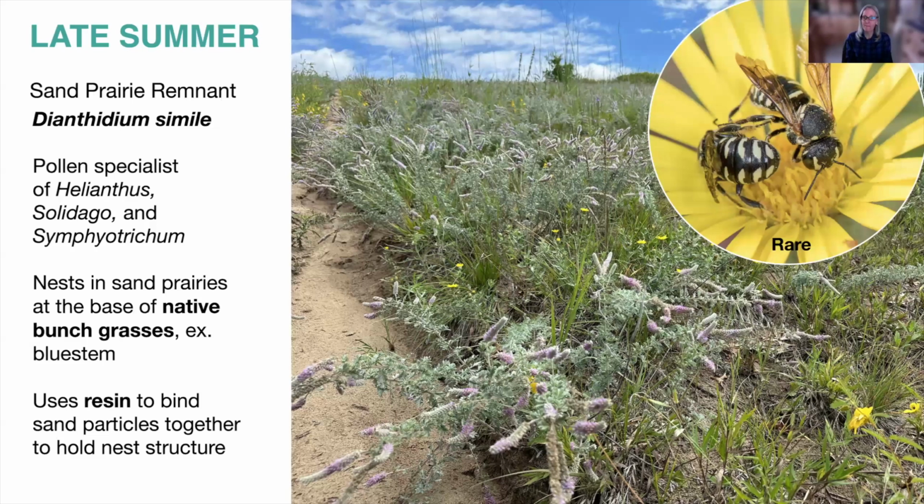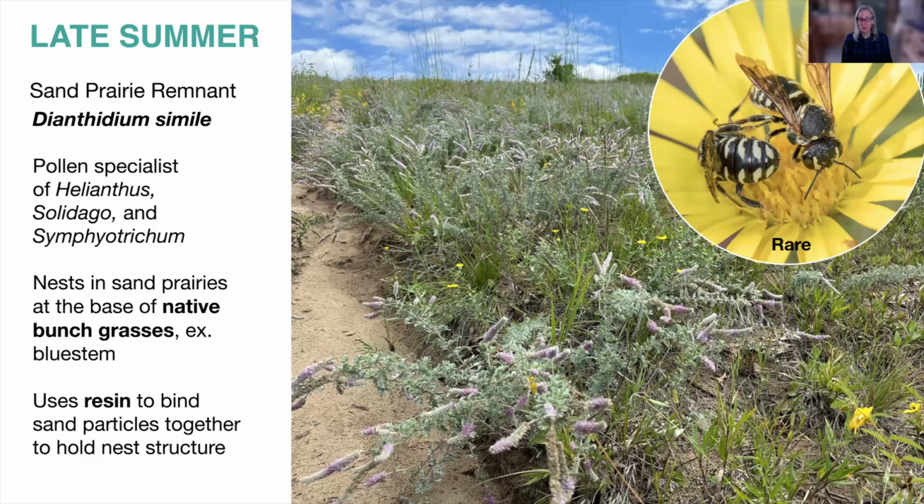But in addition to that, these females are seeking out various types of plant resins, which is a sticky resin or sap, a pine sap-like substance. And they use that to also bind together the sand particles to form their individual brood cells.